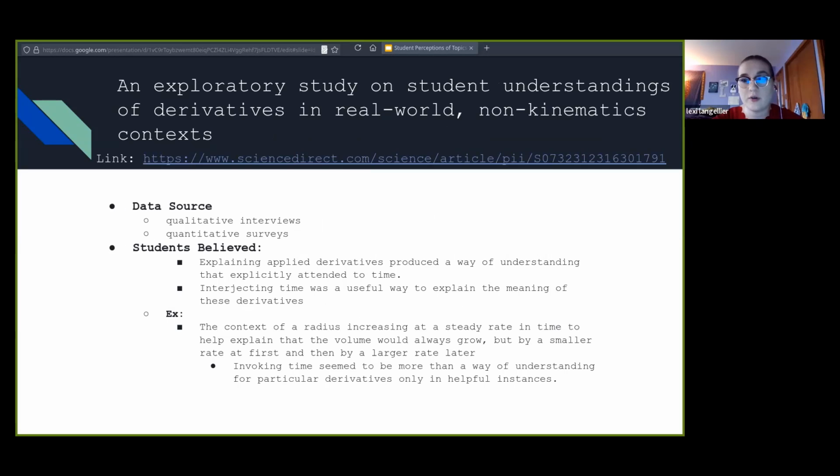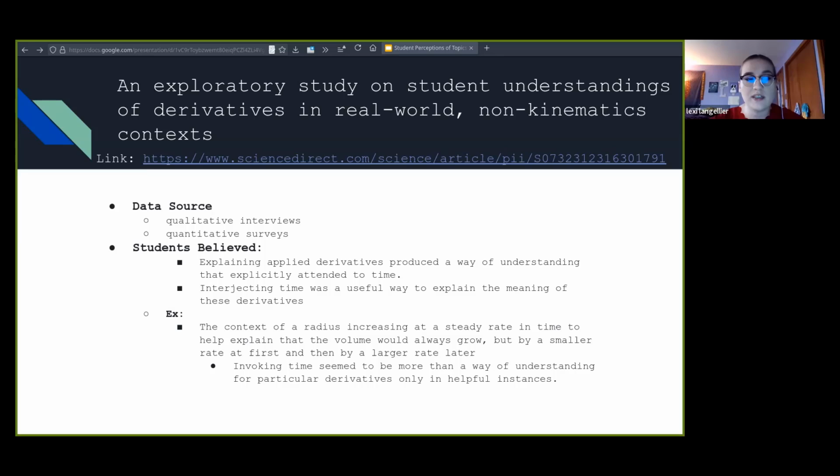So the one we looked at for derivatives was from 2017, an exploratory study on student understandings of derivatives in real-world non-kinematics context. There were two ways they collected the data. The first was qualitative interviews, which was a more open and inductive analytic technique.